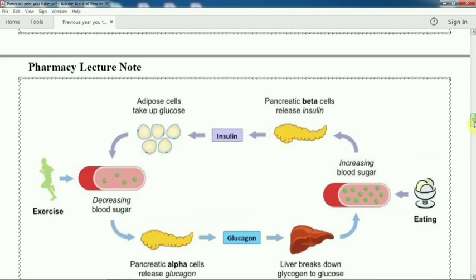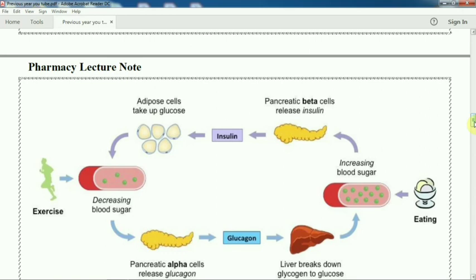To be more clear: when the blood sugar decreases, the pancreatic alpha cell releases glucagon, and with the help of this glucagon, glycogen is broken down to glucose. So one releases glucagon from the alpha cell, and the main purpose is to convert glycogen to glucose.